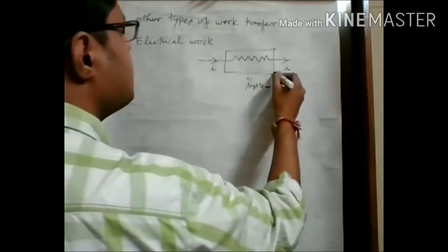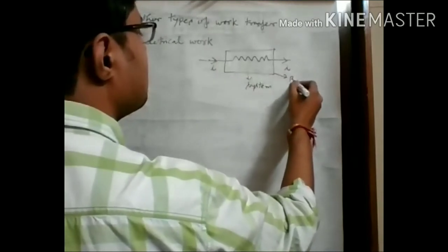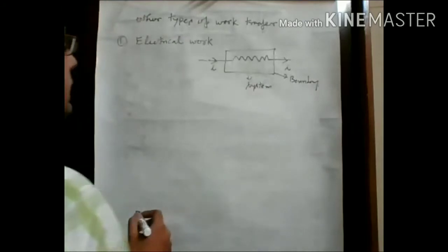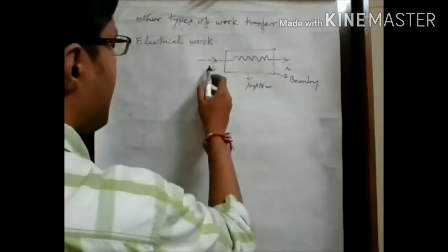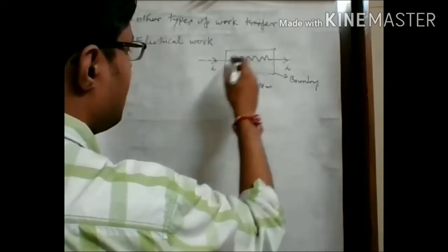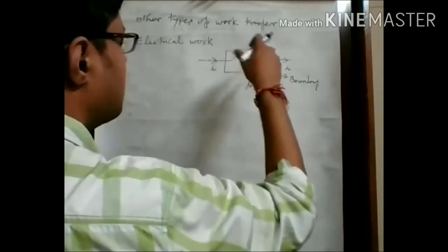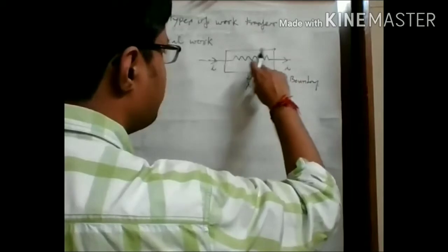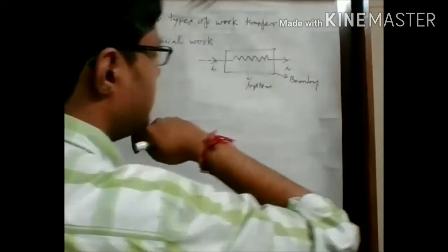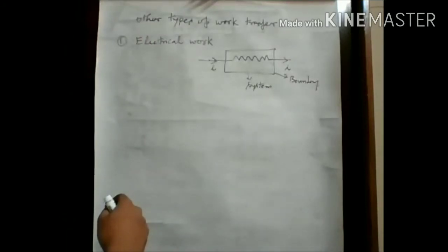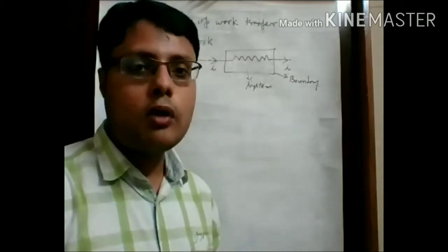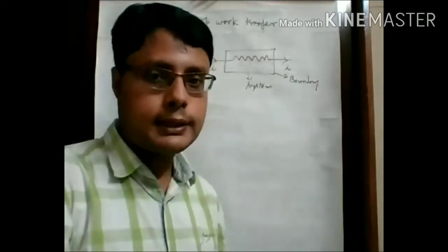And this is the boundary. So you can see here some I is coming inside the system from outside and performing some work, and after performing work, this I goes outside from the system. So we can simply understand this is an example of work done on the system.